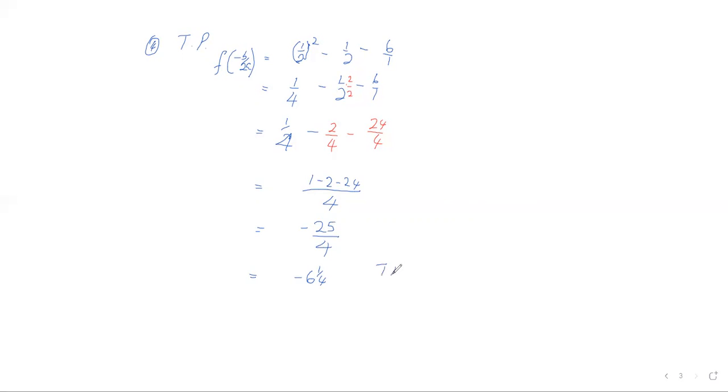So the turning point coordinate will be x is a half and y is -6 1/4.